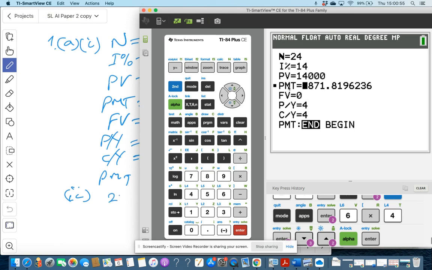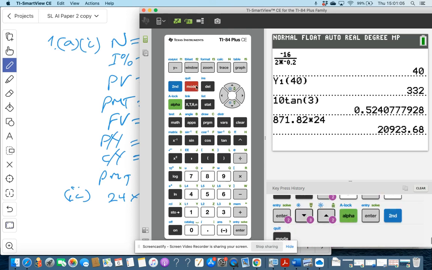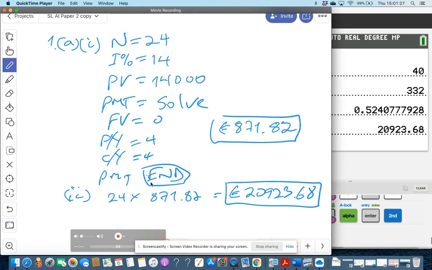Total payments: 24 times 871.82. I'm going to make all those payments, and I'm going to put units on my answer, euros, 20,923 and 68 cents.